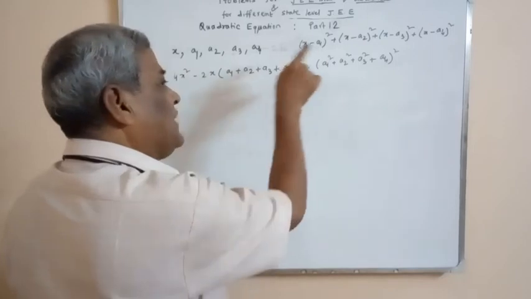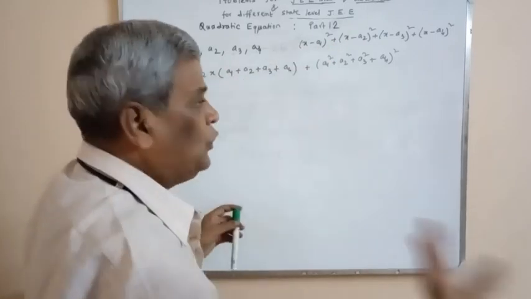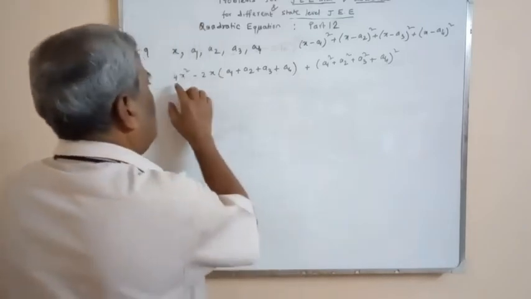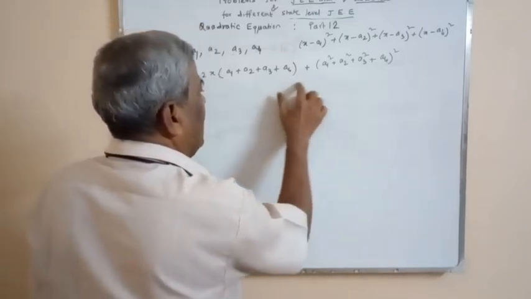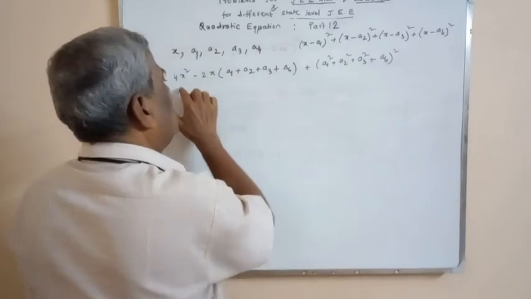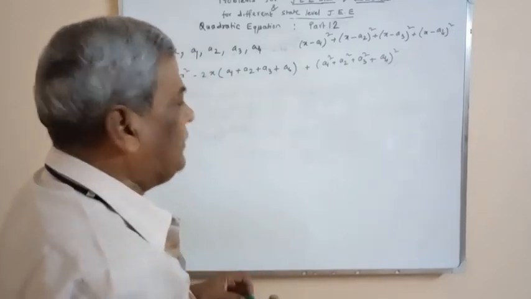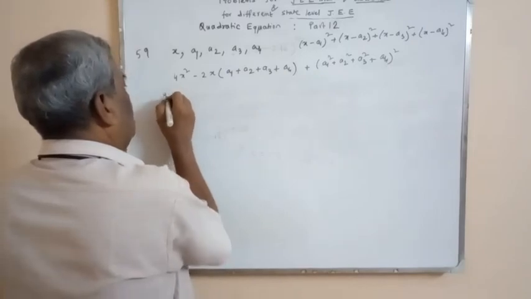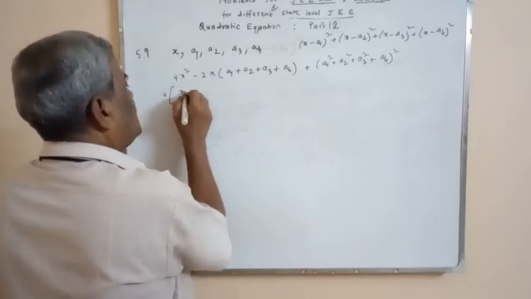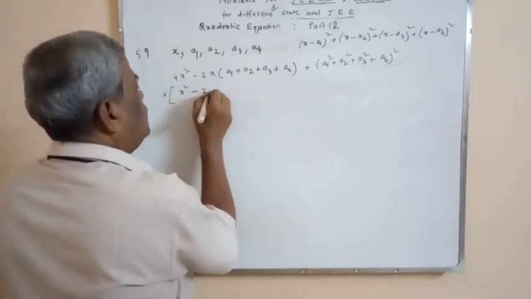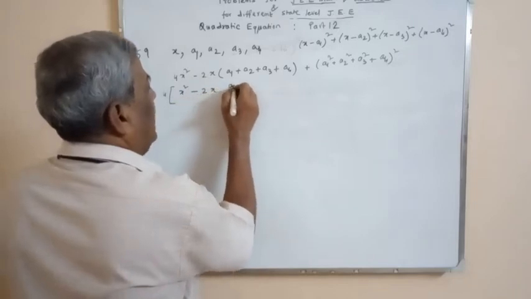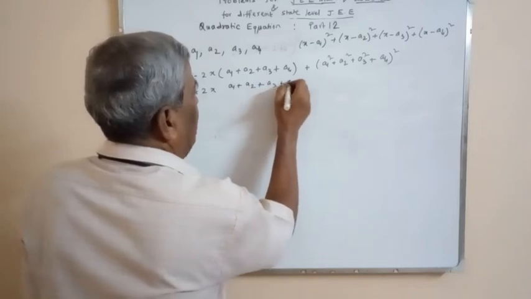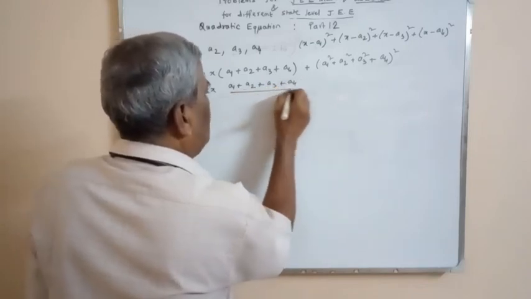Well, actually x is the variable and a1, a2 up to a4 are all constant quantities. So try to make a perfect square using this, so that it is equal to 4 times [x² − 2x(a1 + a2 + a3 + a4)/4].